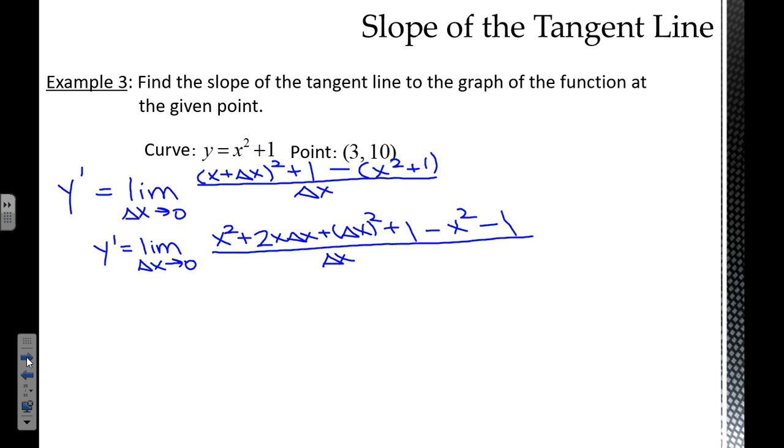This should happen. Anything without a delta x should be able to cancel. Okay. In the interest of saving room on my slide, we can all tell that these have gone away, and we have two terms left, correct? Both of which have what in common? Delta x.